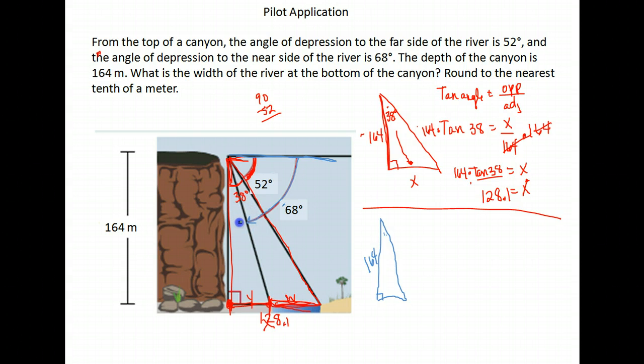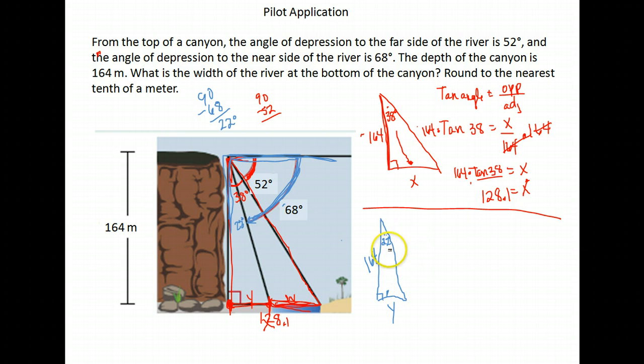Again, we want this angle here instead of this large angle here. If we look at the side of the canyon and our horizontal, that makes a square corner. So if this is 68 degrees, how much is left here? Well, we take our 90-degree square corner, subtract 68 degrees, and we get 22. So in my figure here, this is a 22-degree angle, and over here in my little remake, this is 22 degrees. And here's my y that I'm trying to find.